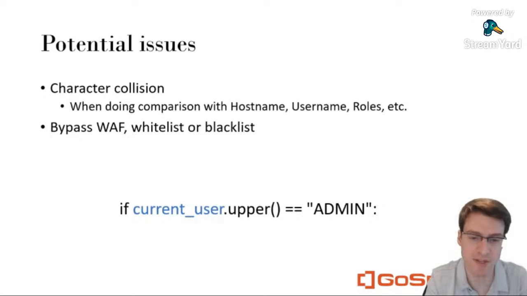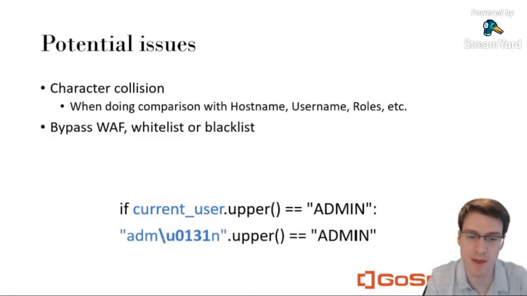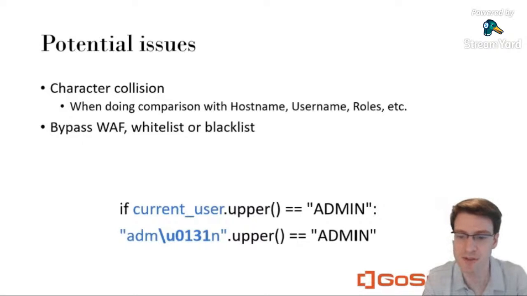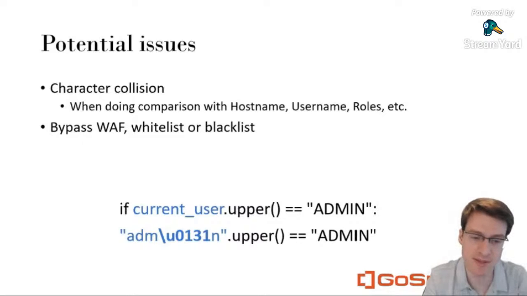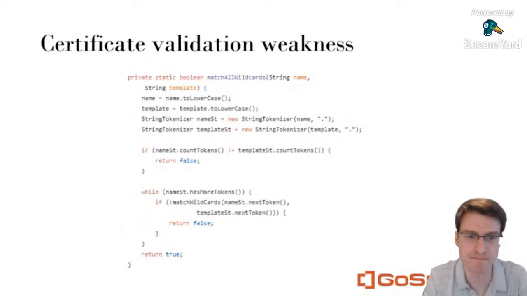It's doing an uppercase transformation, and because of this we might not be able to register the admin user because it's already part of the system. But we might be able to register admin with a dotless i character, and once it's uppercased, it becomes a Latin I that is ASCII. So this can cause issues.